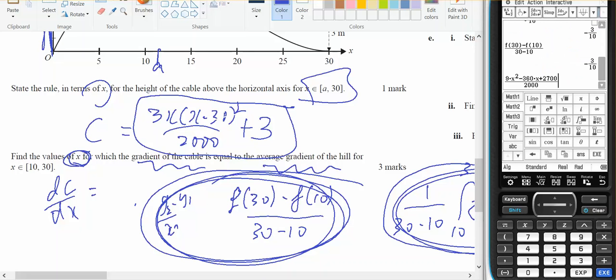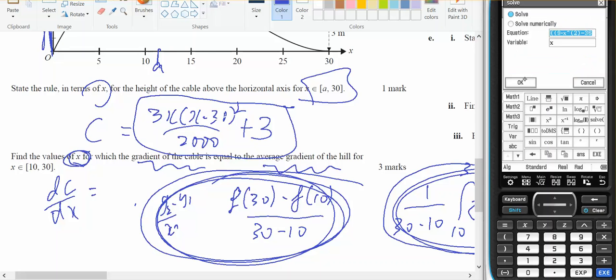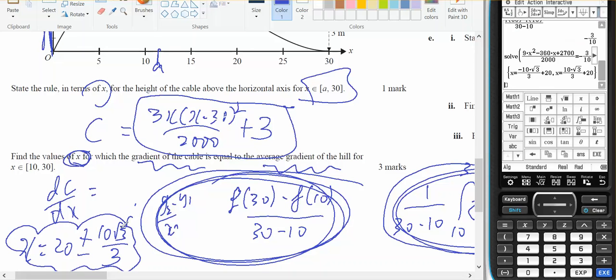And I'll make it equal to -3/10, solve for x. And I get two answers, values of x. So it's going to be x equals 20 plus or minus 10 root 3 on 3. And they're my answers for x.